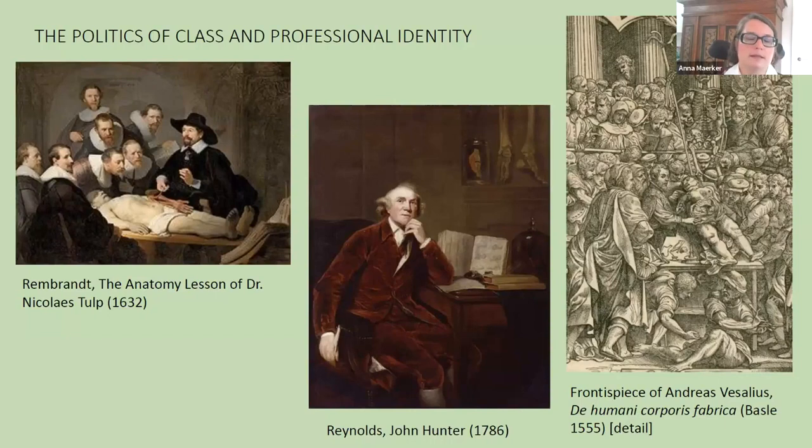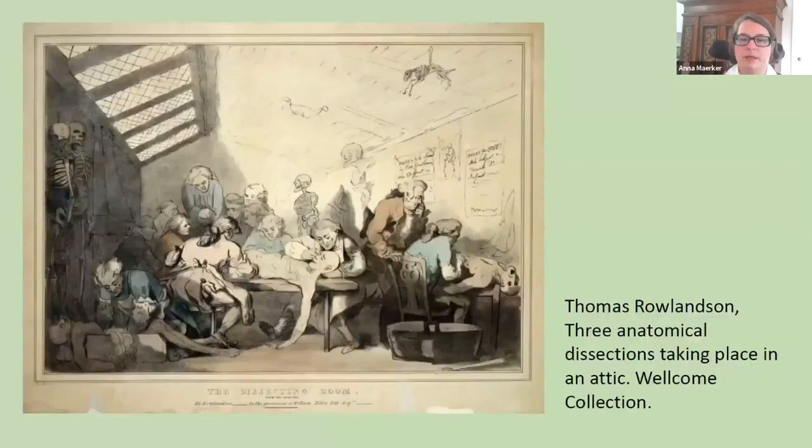However, the long-standing association of dissection with corporeal and capital punishment in Europe meant that, not surprisingly, there was widespread reluctance to offer one's own body or those of loved ones for dissection. And this opened up a very rich seam of visual material. Anatomy became increasingly central to medical education, and you can see that in images from the 18th century, such as this one, of dissections taking place in an attic.